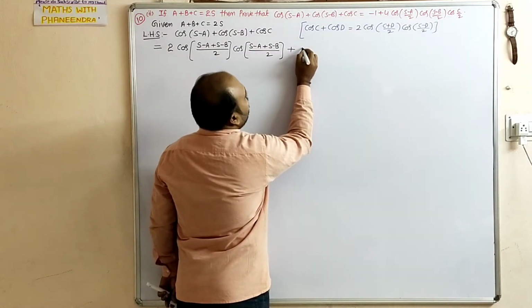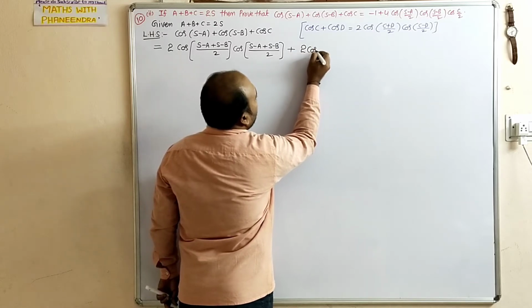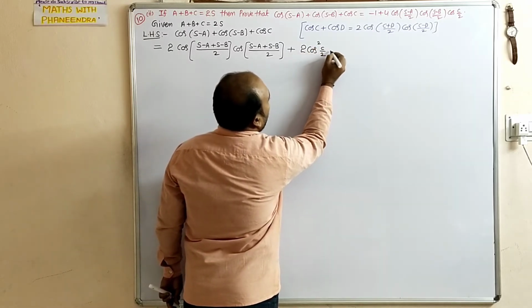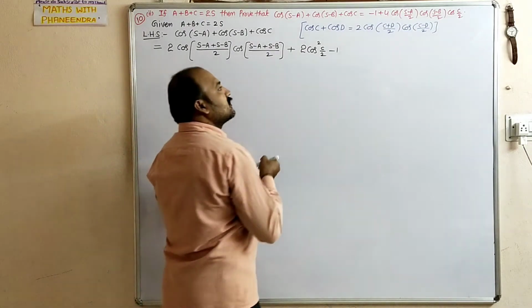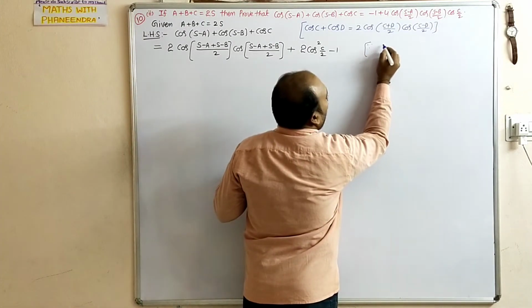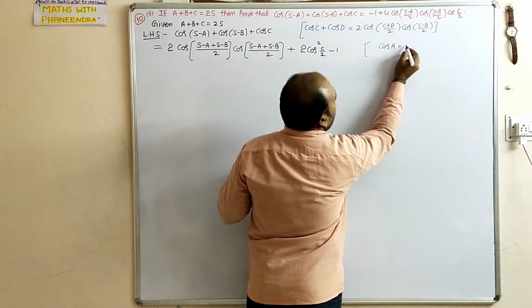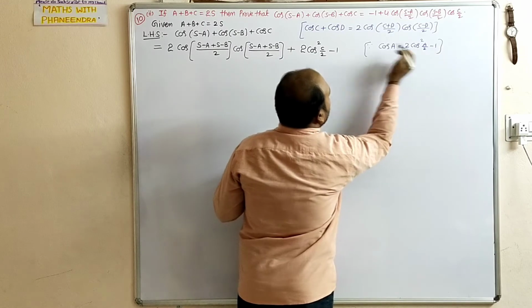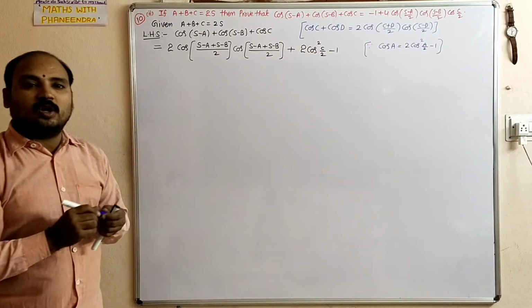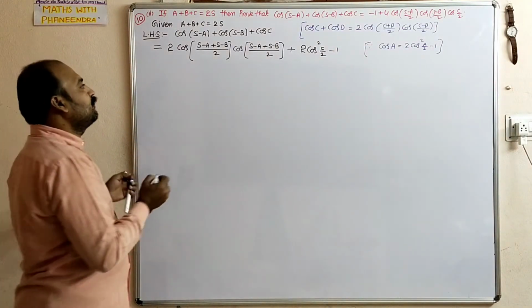In terms of cos C by 2 you have to write it. So cos C is 2 cos square C by 2 minus 1. This is the formula for cos C in terms of cos C by 2. Generally we write cos A as 2 cos square A by 2 minus 1, so in place of A, C is there: 2 cos square C by 2 minus 1.